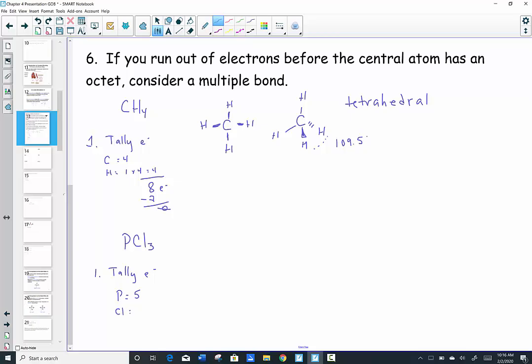Chlorine, who lives in group 7A, contributes 7 valence electrons. But do you see how there's 3 of them in the formula? So the total number of electrons from chlorine will be 21. When I sum those, I get 26 electrons to play with. No more, no less, I get 26.